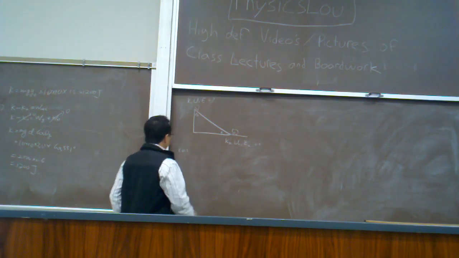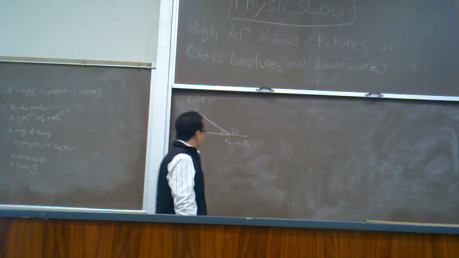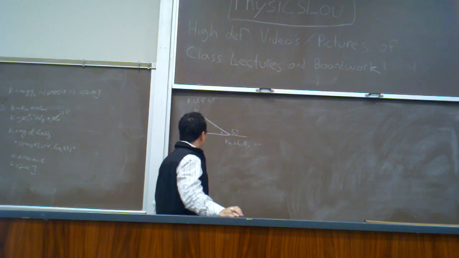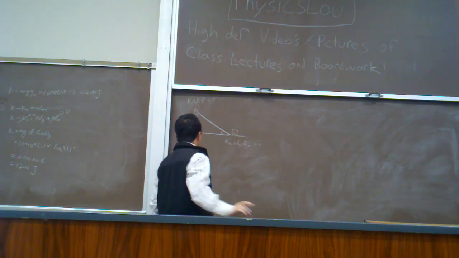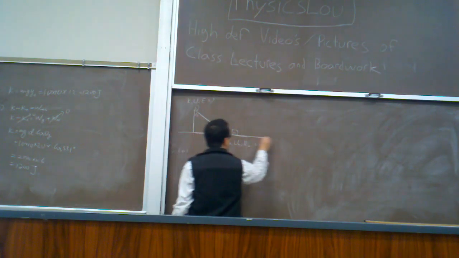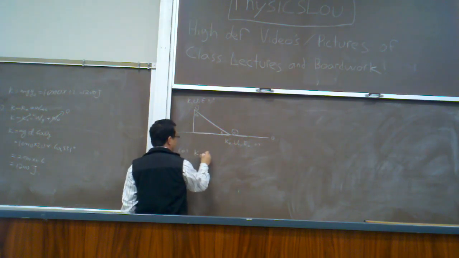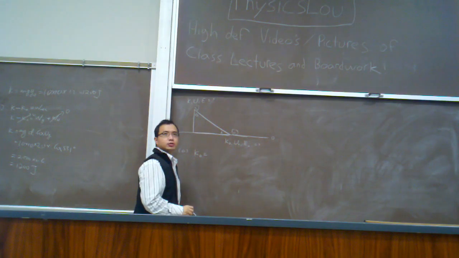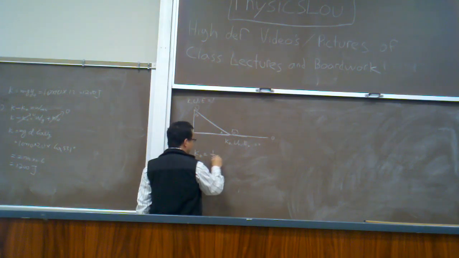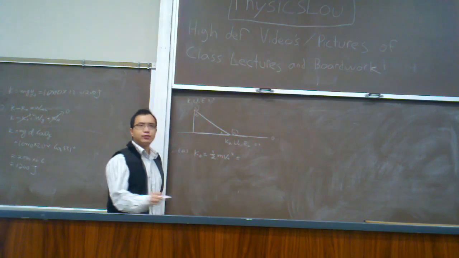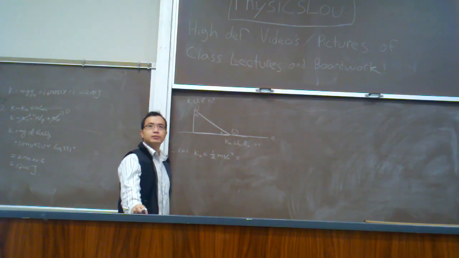Now, let's first look at A. If we want to calculate K naught, U naught, E naught, let's check how many of them can be calculated directly by the definition. By the way, we set zero at the bottom. K naught: can we calculate it from the definition? By definition, it is 1/2 m v naught squared.